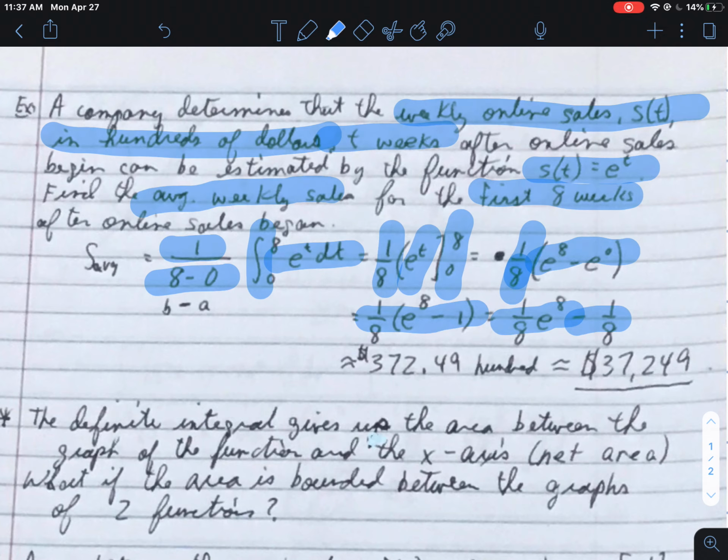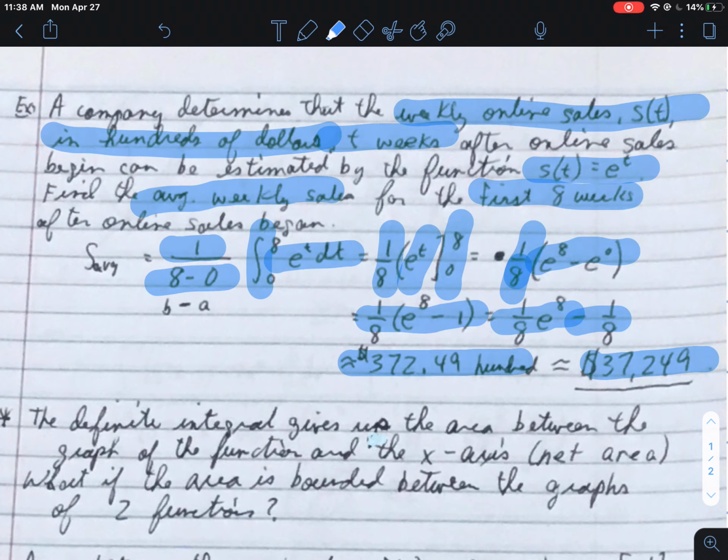I got 372.49. Now that's in hundreds of dollars per week, right, or your average sales. So I went ahead and converted that to a more useful value. Since that's 372.4900, I went ahead and knocked that decimal over a couple of places, and I've got $37,249.